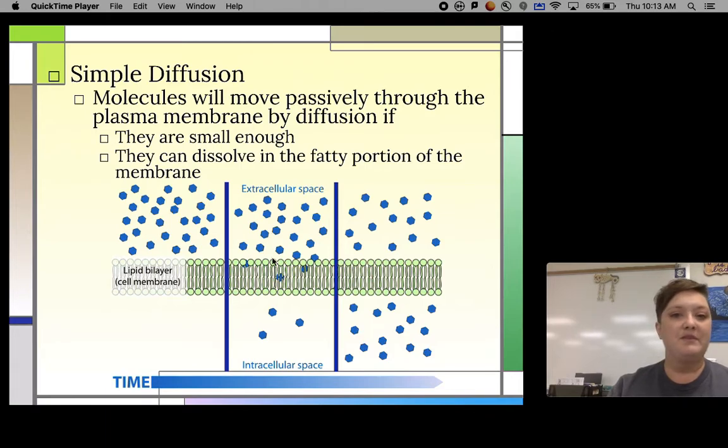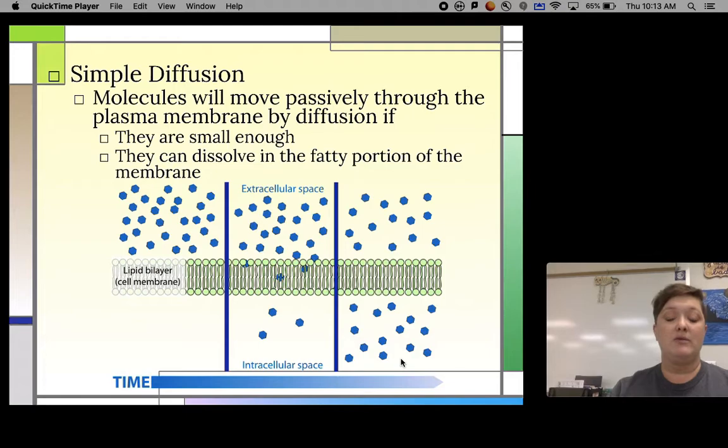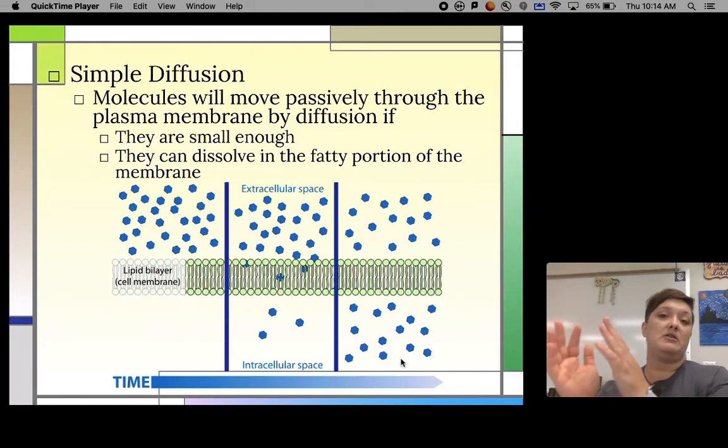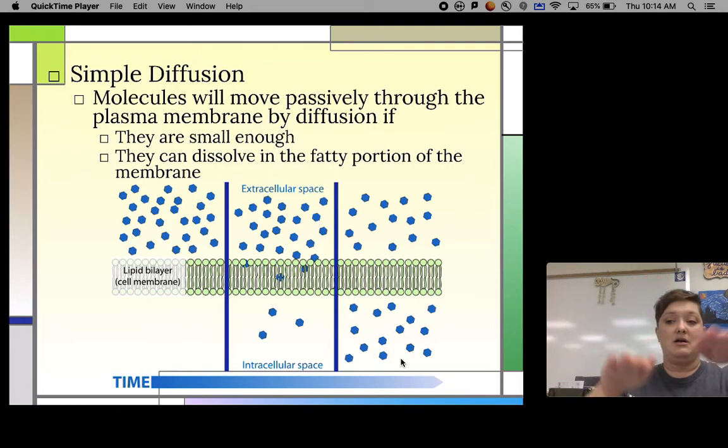So they don't always mix with each other. So these two things have to be met for it to go straight through. But you can see it's going from a high concentration to a lower concentration area, and it keeps going till it's equal, right? It's not like everything moves to one side or everything moves to the other. It wants everything to be in balance.